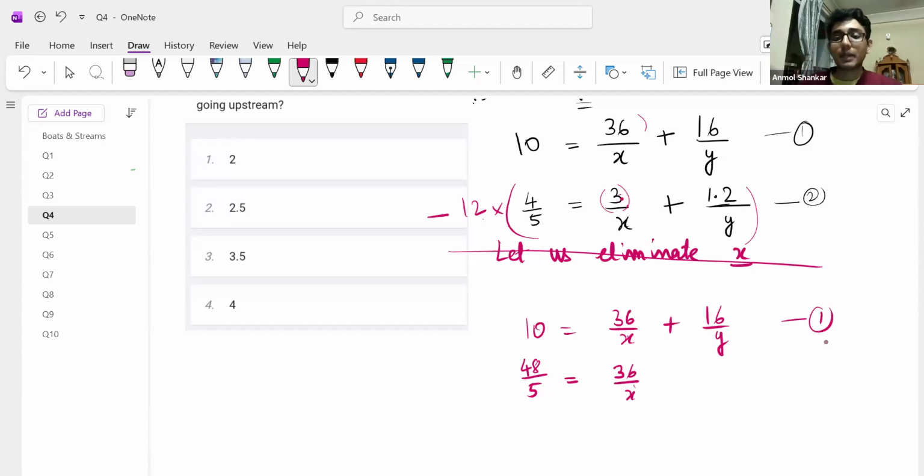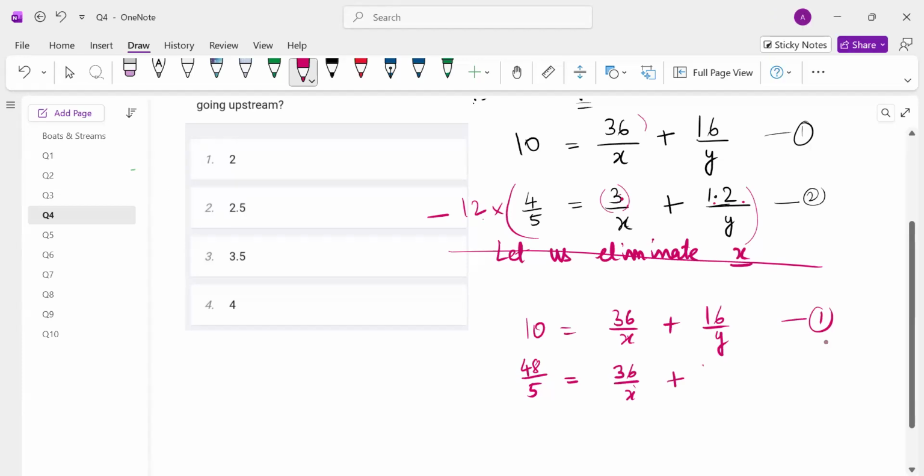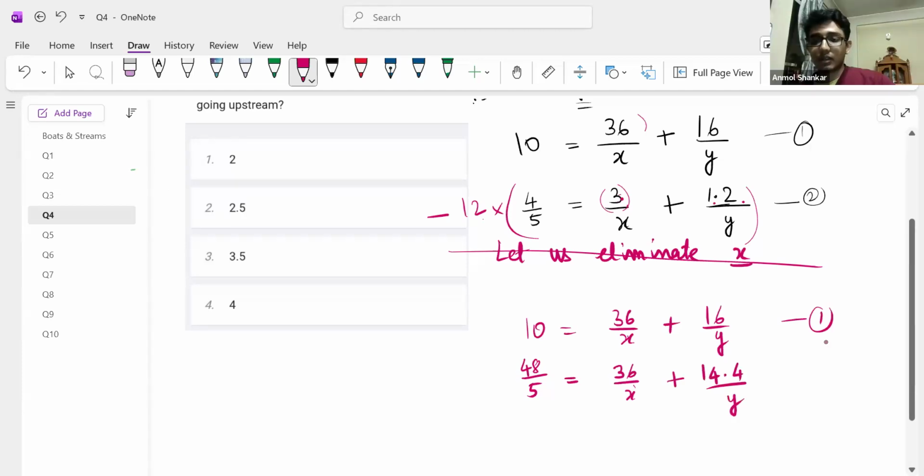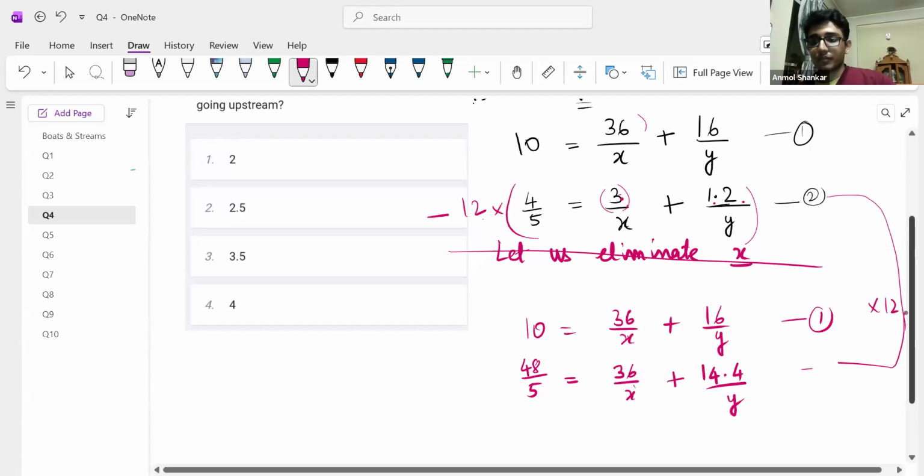Now we will subtract both equations and the x terms cancel. Here 12 into 1.2 will be 14.4, so 14.4 by y. This is our second equation multiplied by 12.